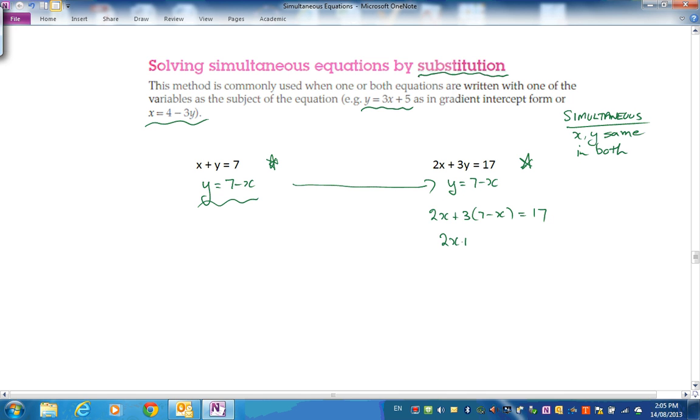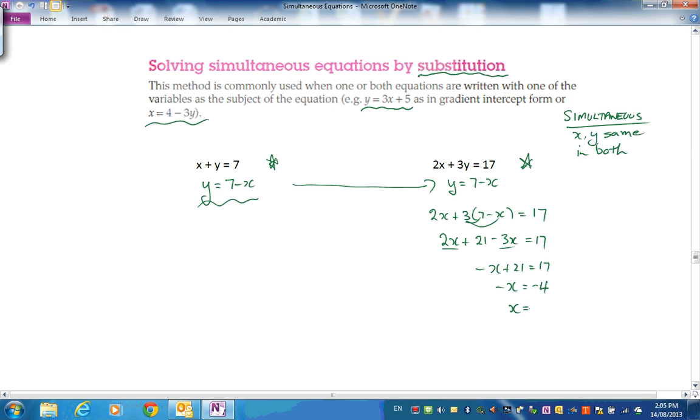So 2x plus 21 take 3x would equal 17. Just remember expanding that. So we've done it. We've again got an equation in only one unknown. 2x take 3x is neg x plus 21 is 17. Take 21 from both sides is neg 4.